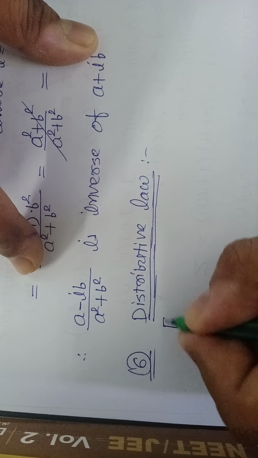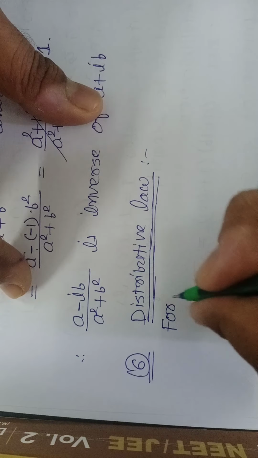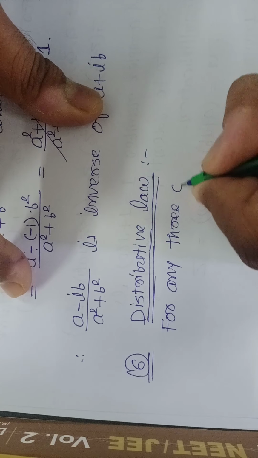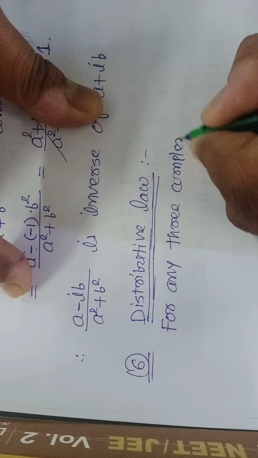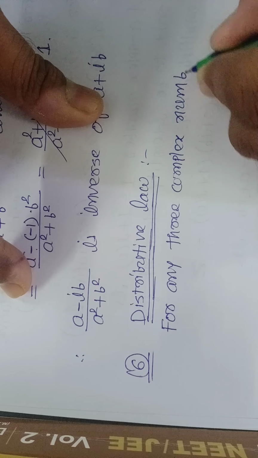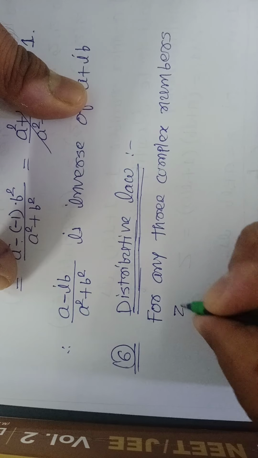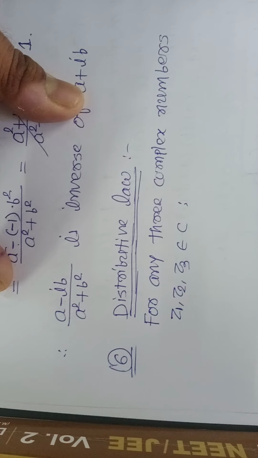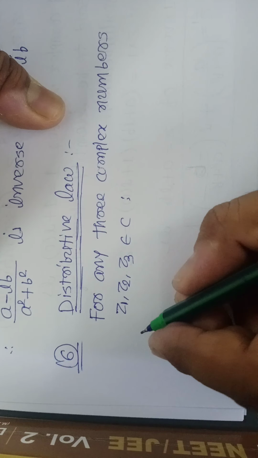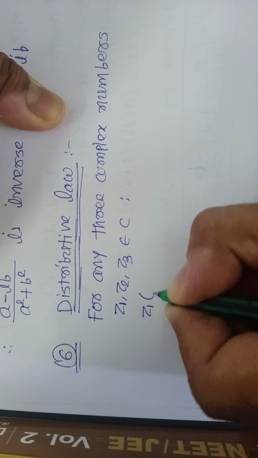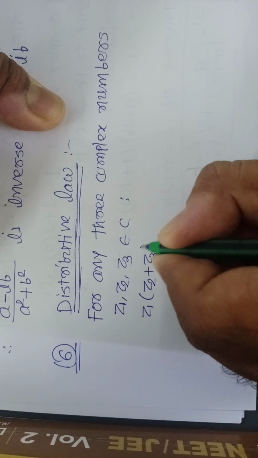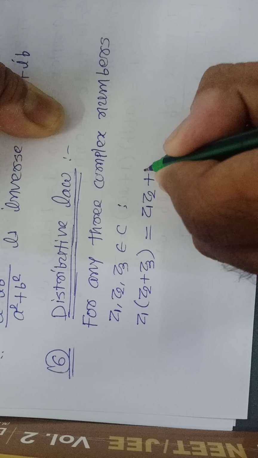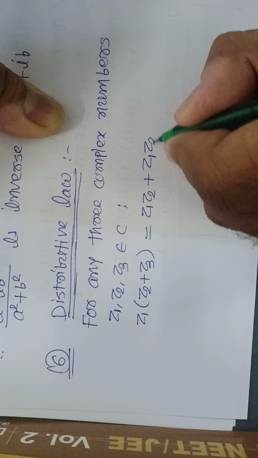So for any three complex numbers z1, z2 and z3 belonging to C, what do we write? Let us see. z1 into z2 plus z3 is equal to z1 z2 plus z1 z3.